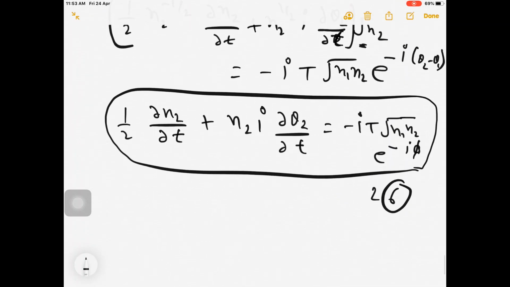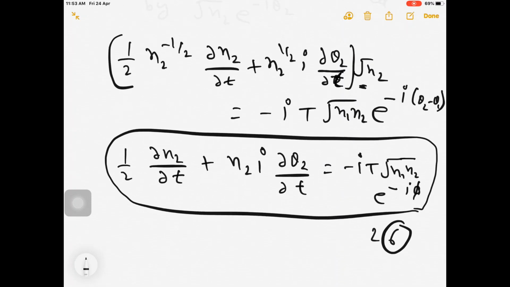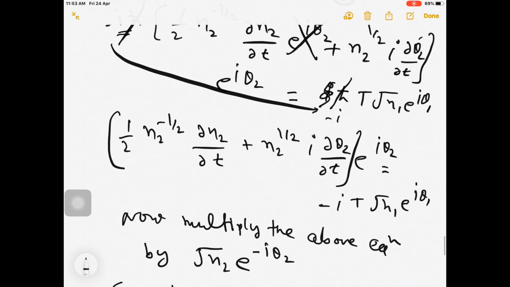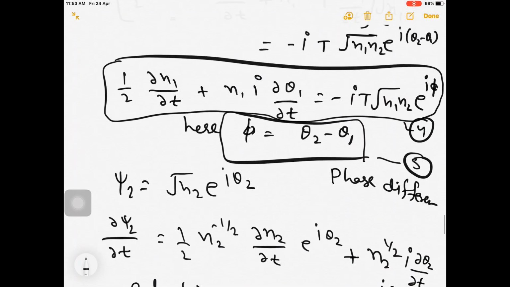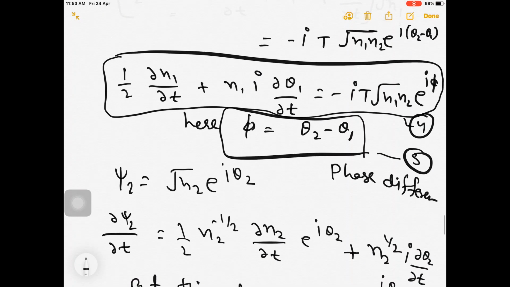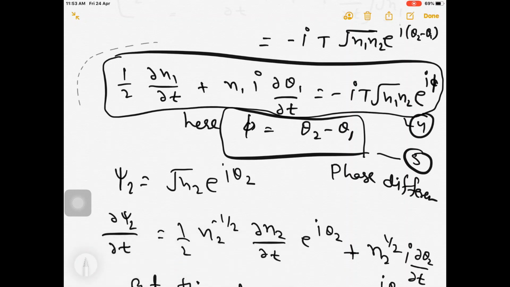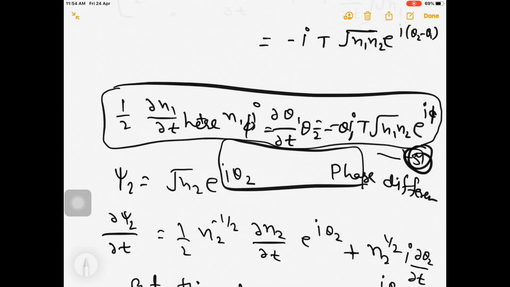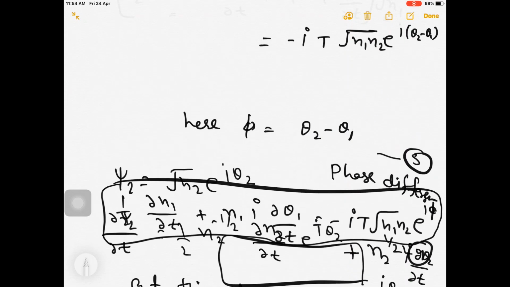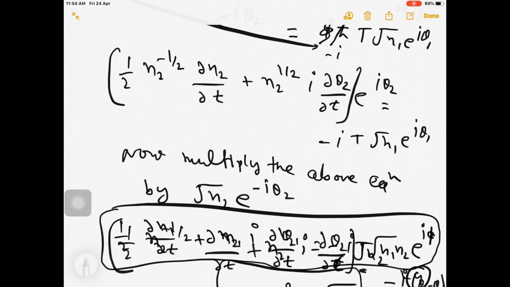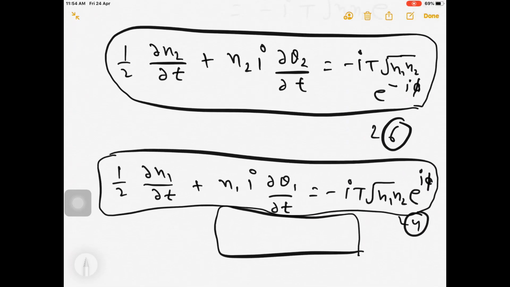Now take equations 5 and 6 and put the imaginary and real components separately. So I am copying equation 4 from here to here.